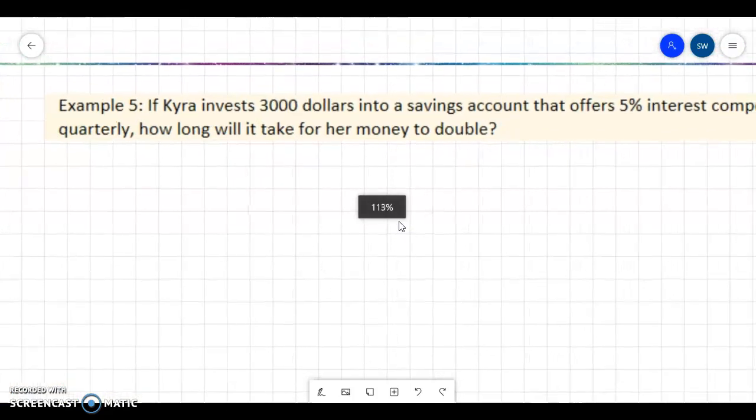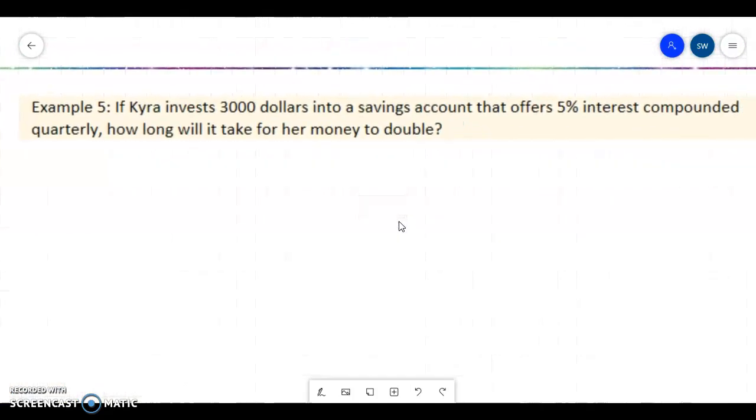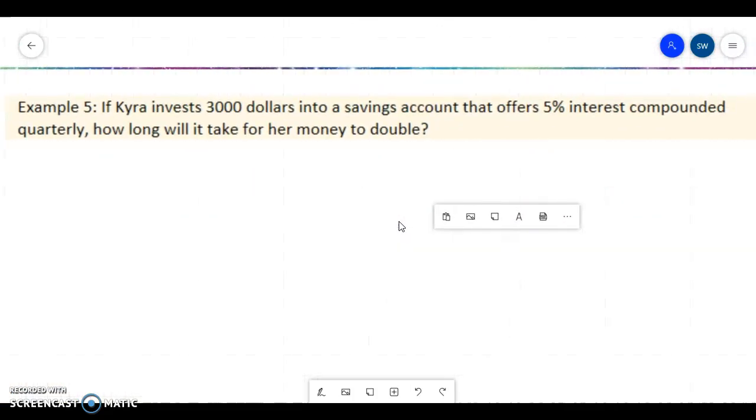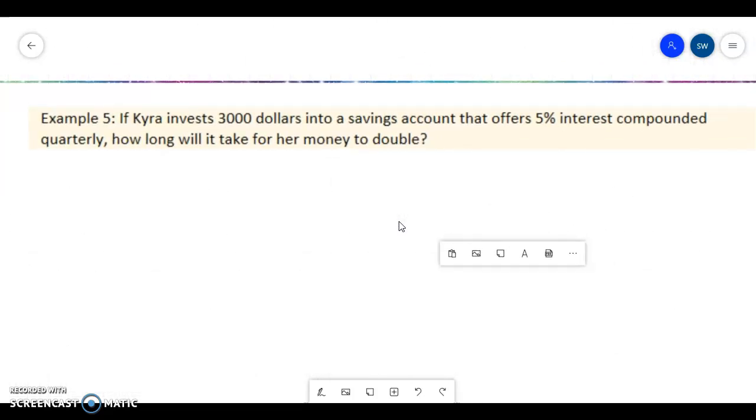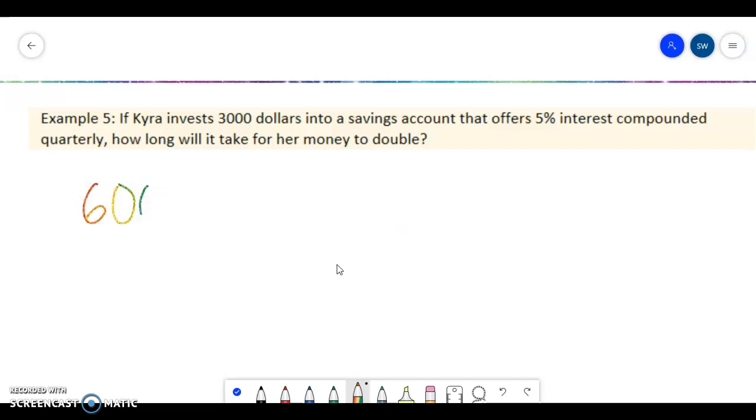For our last problem, Ms. Kira is investing $3,000 into a savings account that offers 5% interest compounded quarterly. We want to know how long it will take for her money to double. So we want to know when she will have $6,000.